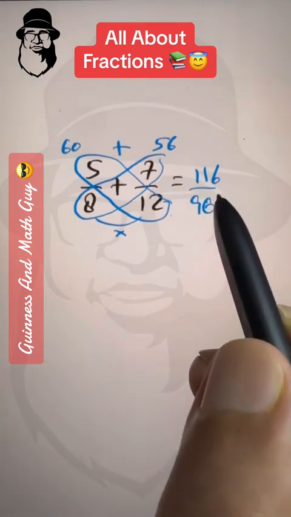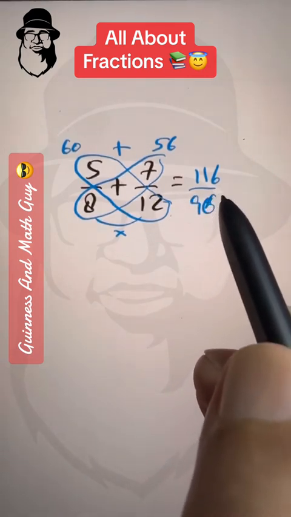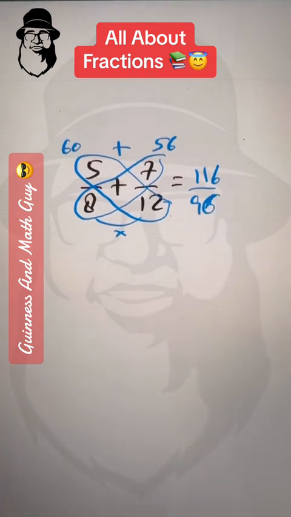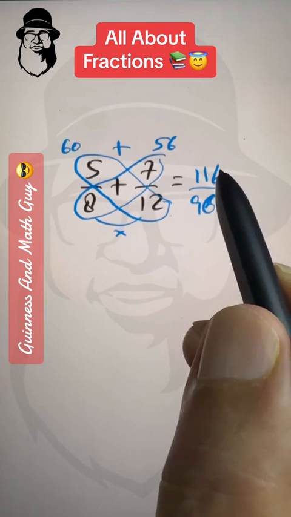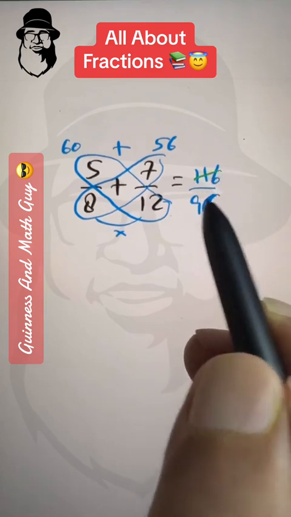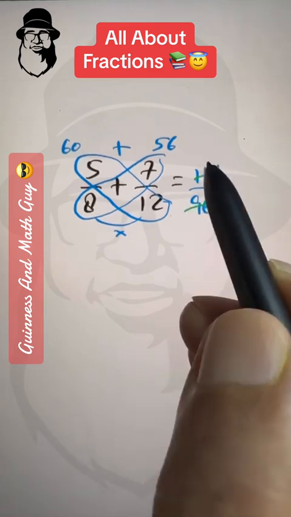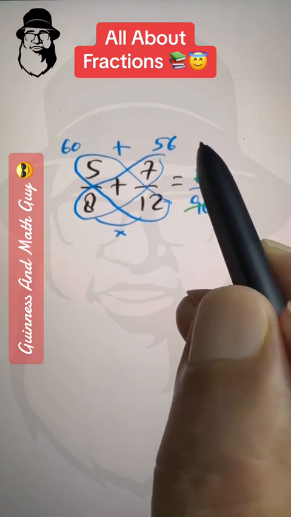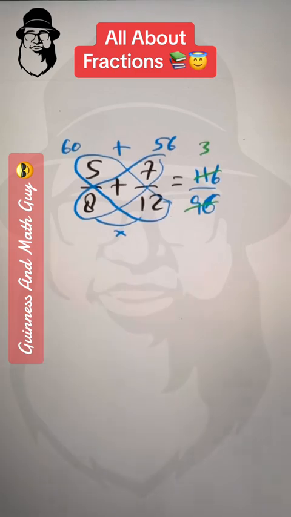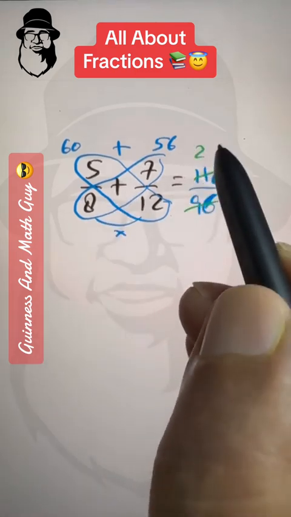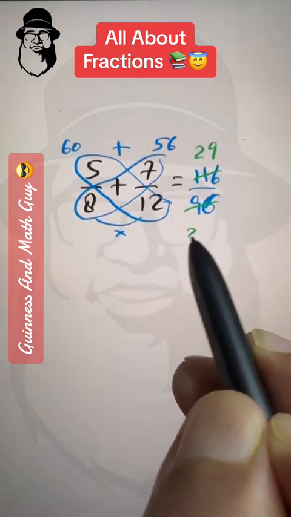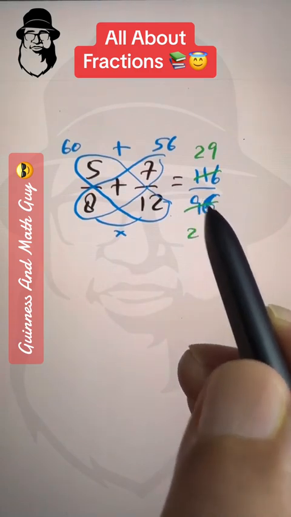Now you can see these are big numbers and not easy to handle. But we can divide both of them by 4. 4 times 29 is 116, and 4 times 24 is 96.